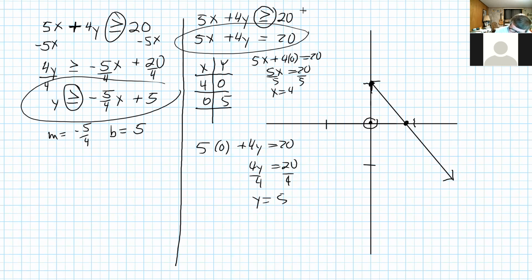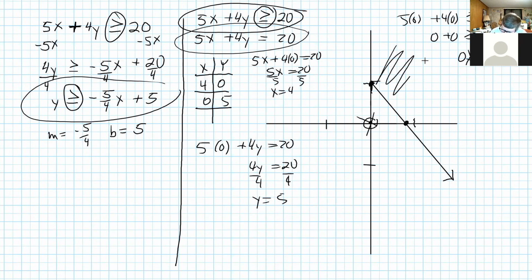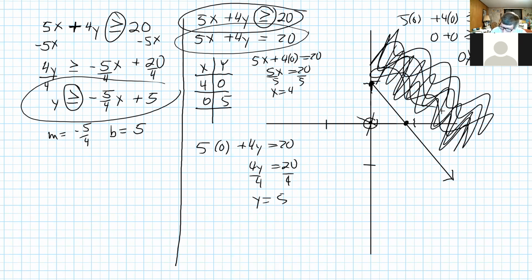And I'm going to plug that into my original inequality. 5 times 0 plus 4 times 0 greater than or equal to 20. 0 plus 0 greater than or equal to 20. 0 greater than or equal to 20. That is not true. So it's not on that side of the line. It's on the other side. So my graph is everything above and including the solid line. Any questions about this particular example before we go to another one?